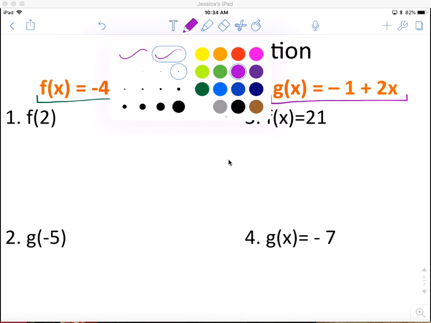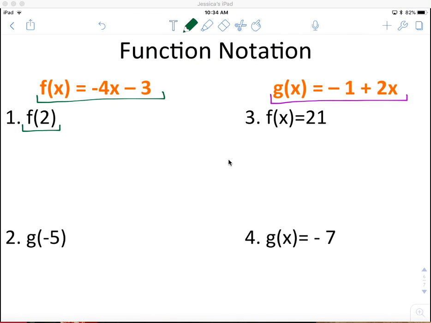So that f there is telling me that I want to use f of x for this problem. So f of 2, with 2 in the parentheses, means that I am going to plug in 2 for x. Since 2 is in the parentheses, it is my input, so it is x.